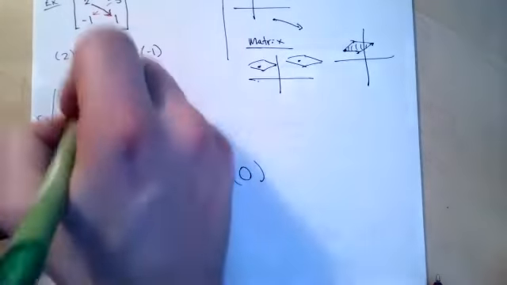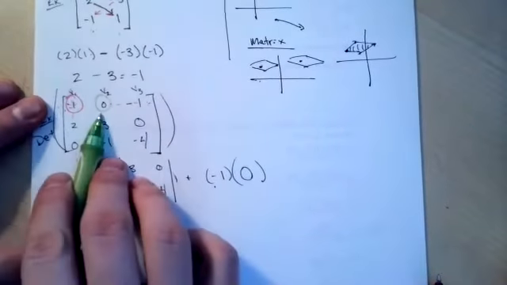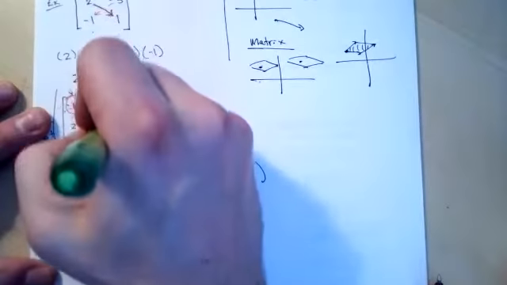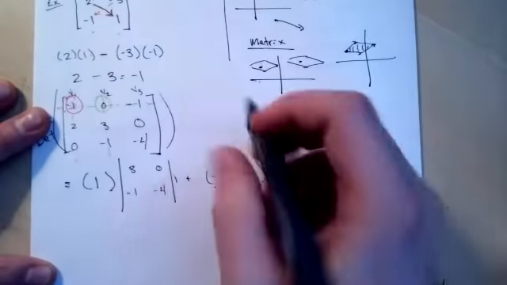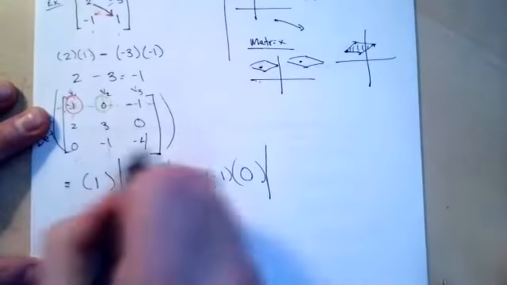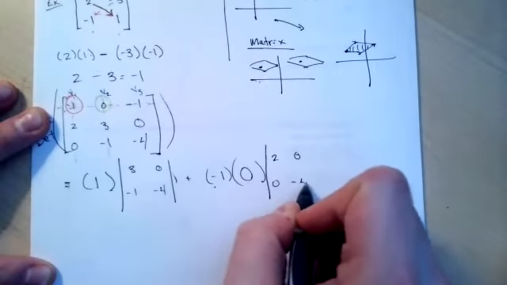But if this wasn't a 0 here, it's going to come equipped with a -1. So the next subdeterminant, since we're expanding about the first row, the second entry is a 0. We can eliminate that row and column, and what's going to remain is the matrix of 2, 0, 0, -4.